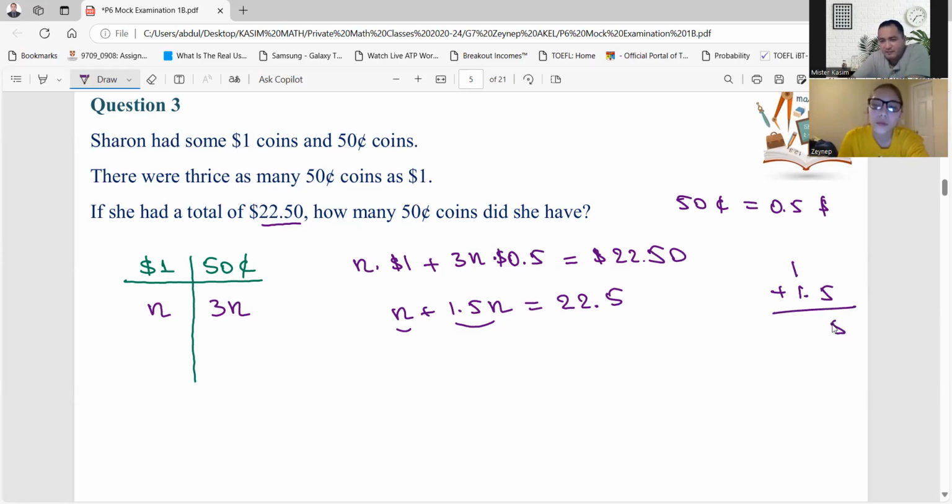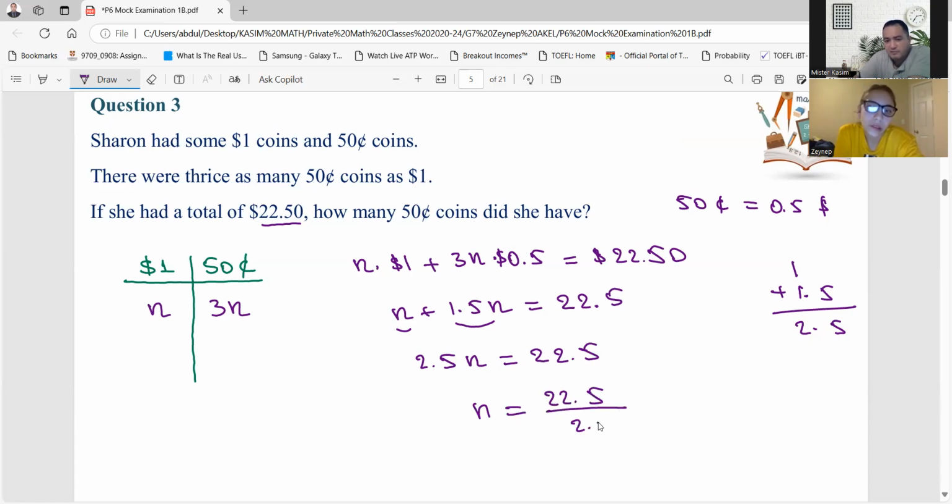Oh, 2.5. $1, $1.50. That's 2.5, right? 2.5n is equal to 22.50.